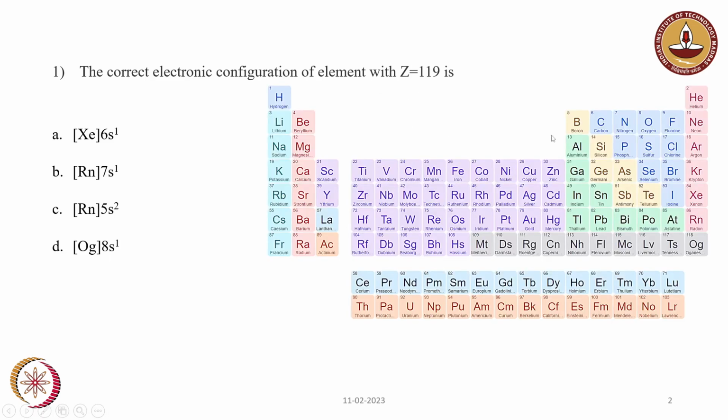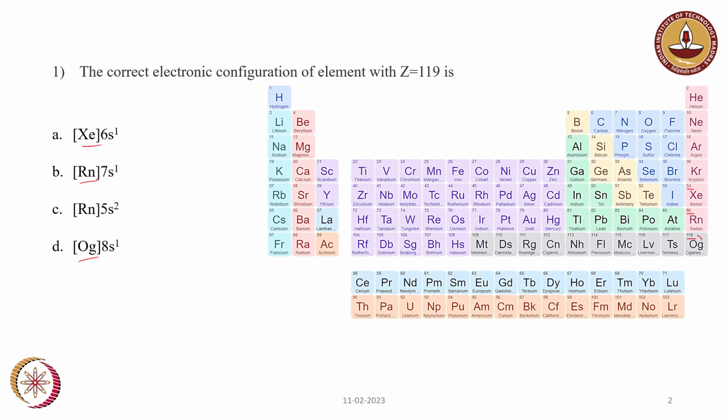So here is the periodic table, and we are given xenon, radon, and oganesson. From the periodic table, xenon is number 54, radon is 86, and oganesson is 118.